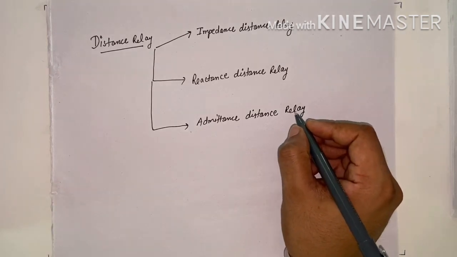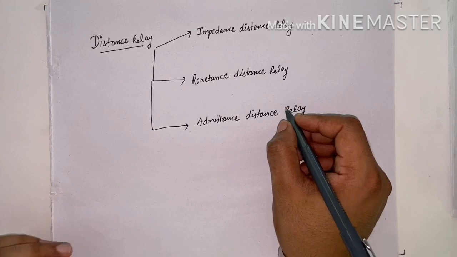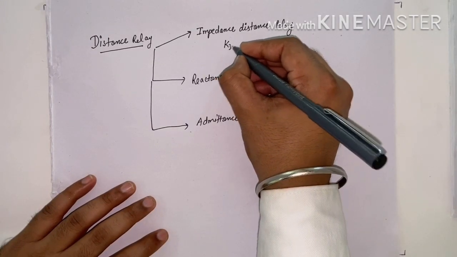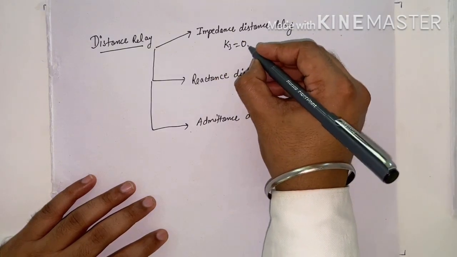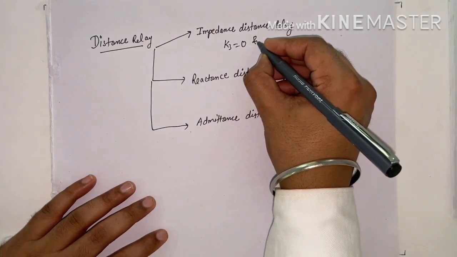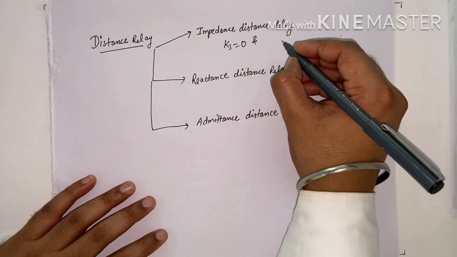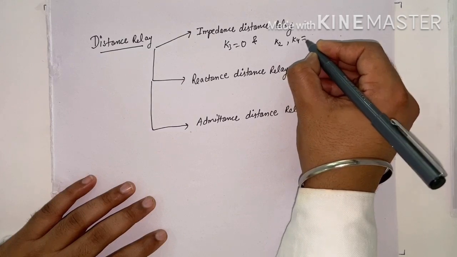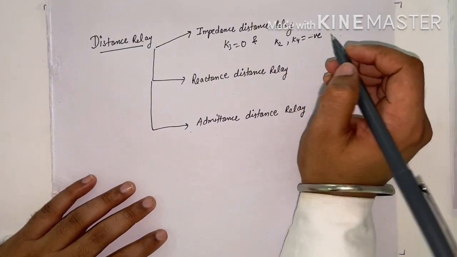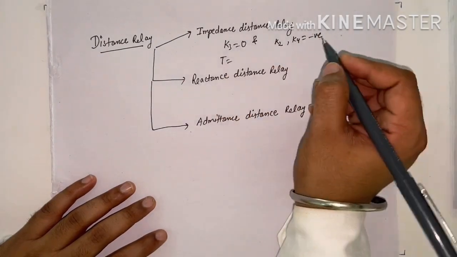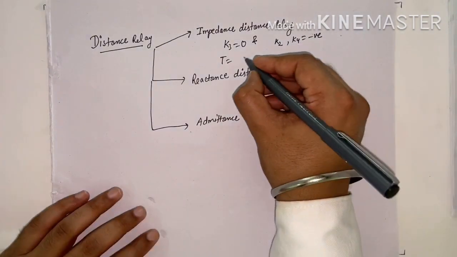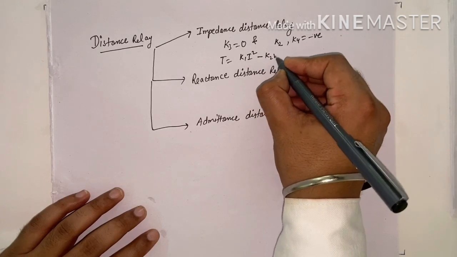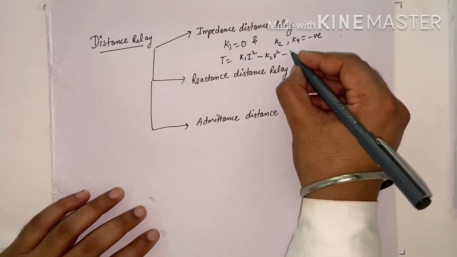In the impedance distance relay, the constant K3 is 0 and the values of K2 and K4 are negative. So the equation of torque becomes K1 I square minus K2 V square, K3 is 0, and minus K4.